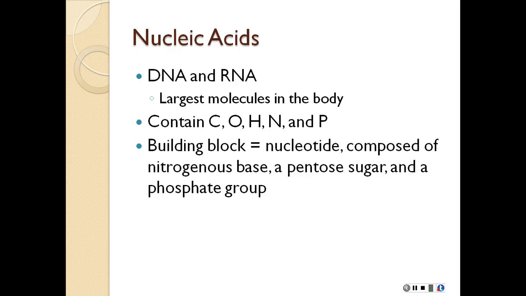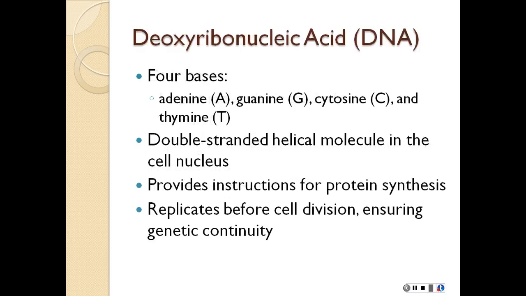And then you have the phosphate group. So you all just told me the 4 bases. And you should have an idea, just in general, of the differences between DNA and RNA. What's the difference in the bases? So RNA would have, instead of thymine, uracil.